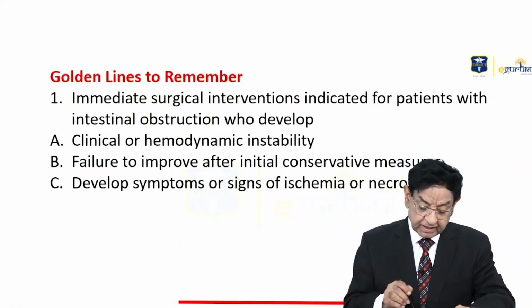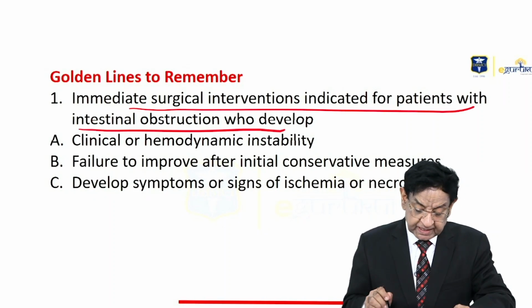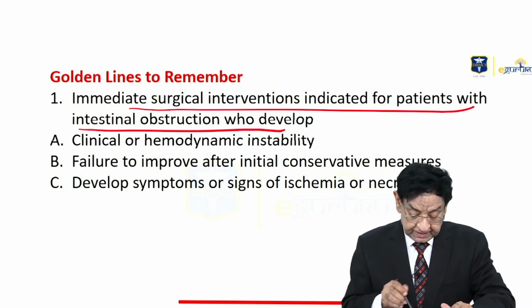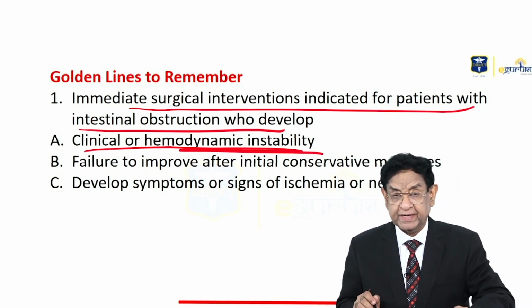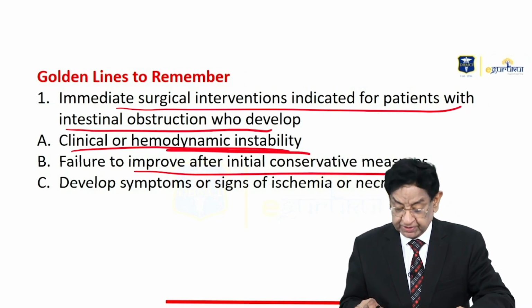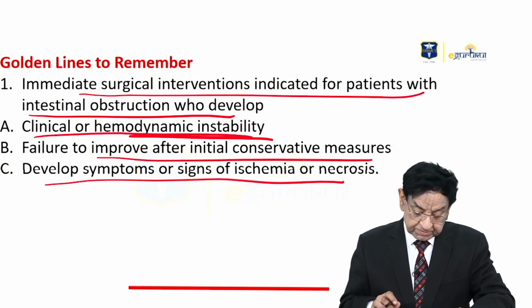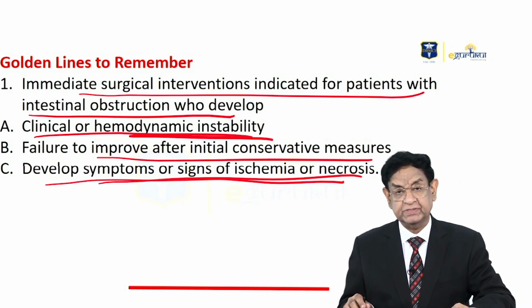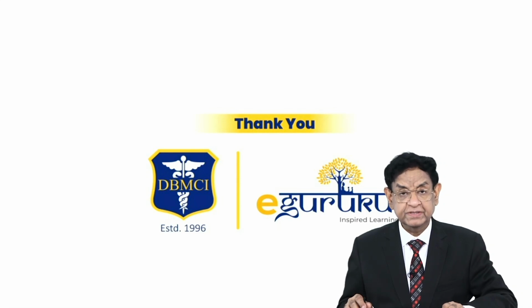Golden line to remember: immediate surgical intervention is indicated for a patient with intestinal obstruction who develops clinical or hemodynamic instability, low BP, metabolic acidosis, failure to improve after conservative treatment, or develops symptoms or signs of ischemia or necrosis. Thank you very much.